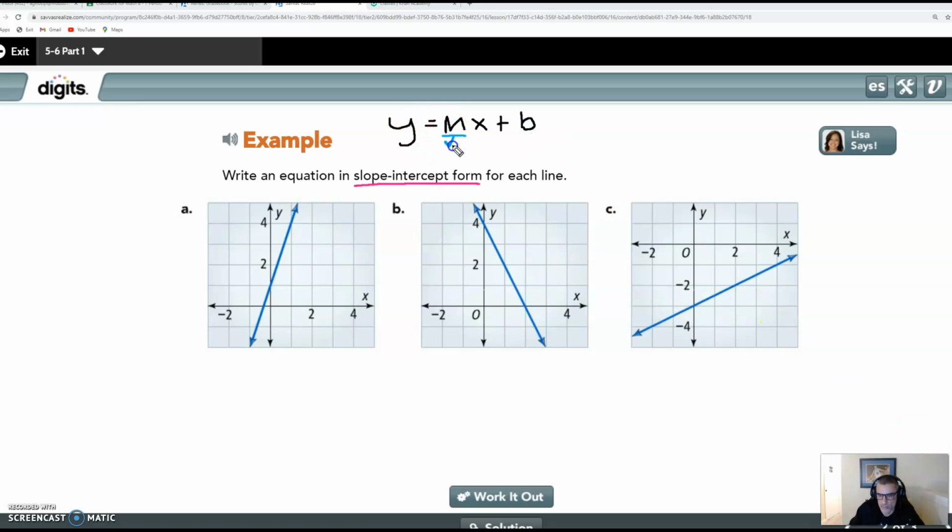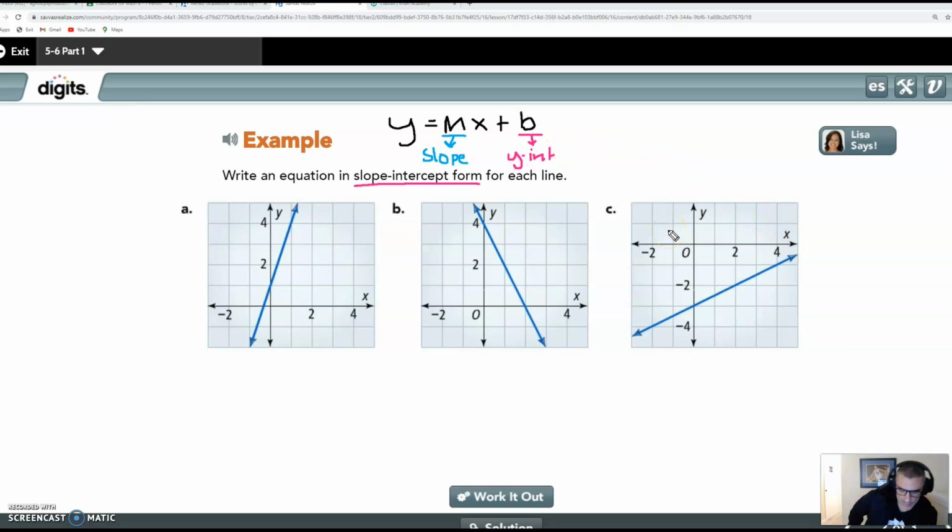You need to know the slope, which is the variable m, and you need to know the y-intercept. In other words, if you can figure out these 2 things about a line, then you can write the equation for that line. A lot of times you'll just hear it referred to as y equals mx plus b form. It's called slope-intercept form because it uses the slope and the y-intercept.